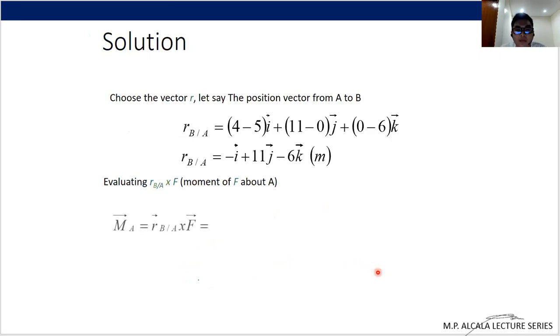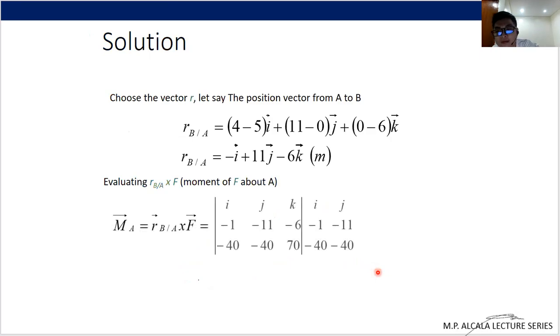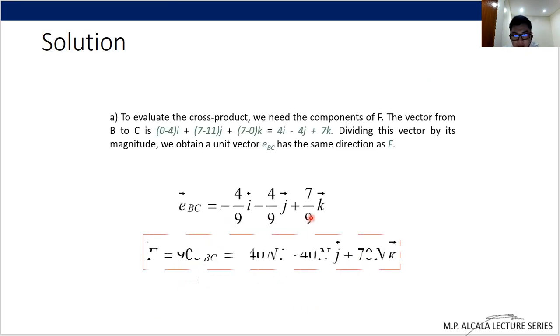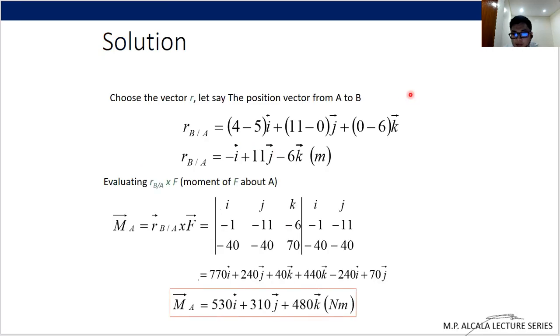Now, how about the distance from B to A? Simply getting the position vector, or the distance vector: 4 minus 5, 11 minus 0, 0 minus 6. Where is it coming from? From B to A: 4 minus 5, 11 minus 0, 0 minus 6.